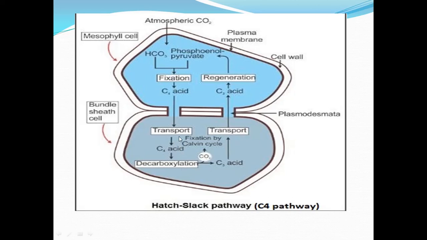Now this C4 acid undergoes decarboxylation to release carbon dioxide and a 3-carbon acid. In the decarboxylation process, what happens? The C4 acid is converted into a C3 acid and carbon dioxide is released. The carbon dioxide thus released enters into the Calvin cycle for the synthesis of carbohydrates.